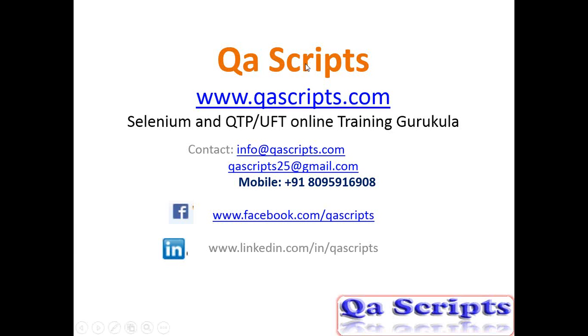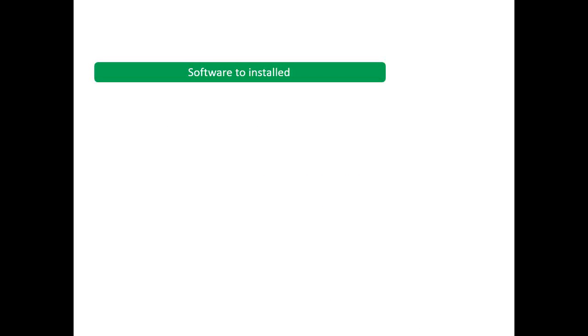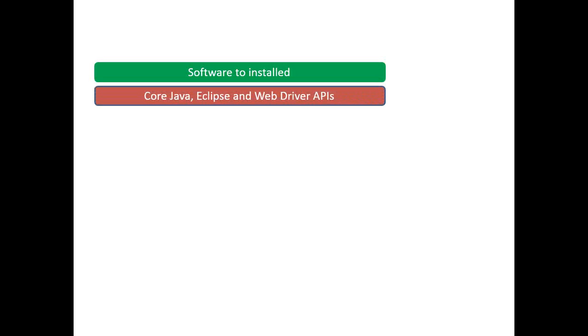Before starting how to script and work with the iframe, let us see what different software should be installed to work with frames or iframes and drag and drop elements. We should have Core Java, Eclipse and WebDriver APIs. These APIs must be added to Eclipse as external jar files.